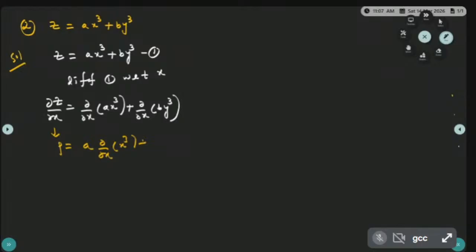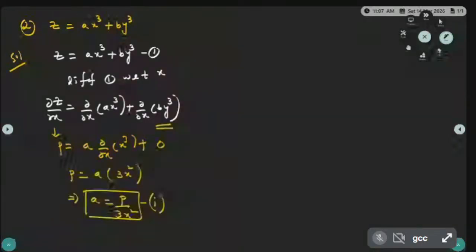We are differentiating with respect to x, but b and y are constants. Derivative of a constant is 0. There is no x term. Therefore, p equal to a into 3x square. A equal to p by 3x square.